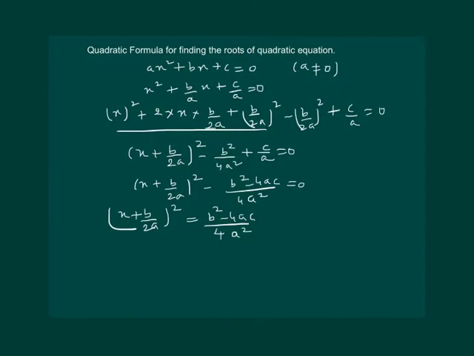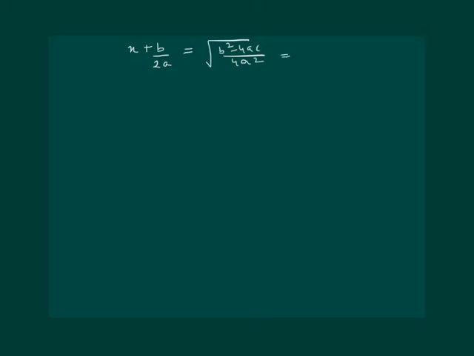So let us consider the case that b square minus 4ac is greater than or equal to 0. In that case, x plus b by 2a is equal to plus minus under root of b square minus 4ac by 4a square, which is equal to plus minus under root of b square minus 4ac whole by 2a.